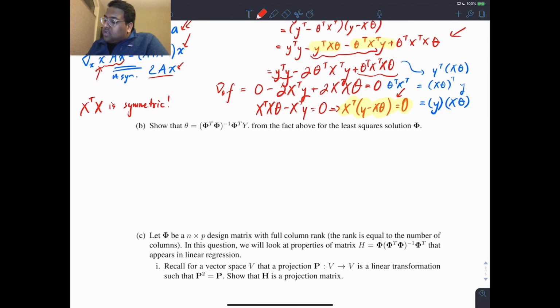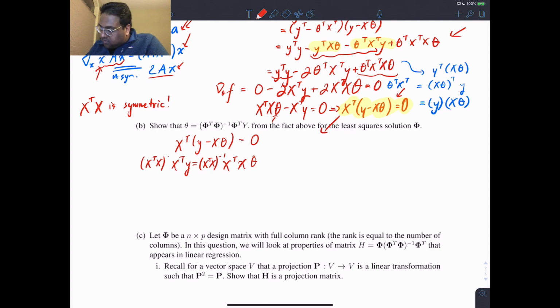Okay, and so now we can just continue from the last part. We have this relationship X transpose times y minus X theta is equal to 0. I can expand this back out to the step I had over here: X transpose y is equal to X transpose X theta. And what I can now do is left multiply both sides by the inverse of X transpose X. So this is X transpose X inverse, and the X transpose X inverse cancels out over here, and we're left with theta hat, because this is the optimal value, the value I've gotten by taking the gradient and setting it equal to 0.